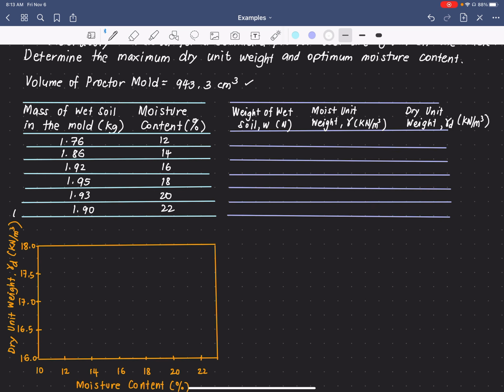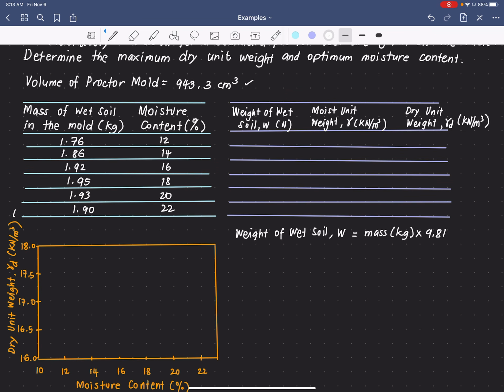So to solve for the wet unit weight, for the weight of wet soil, we simply multiply the mass, which is in kilogram, by 9.81.